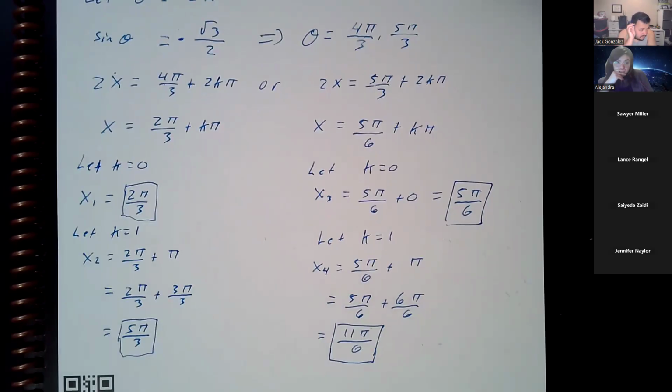You see what I mean by if it's a quadruple angle, we'd have to do this 4 times for each set. And if I were to let k equal 2, that'd be too much. That would be beyond the 2 pi.